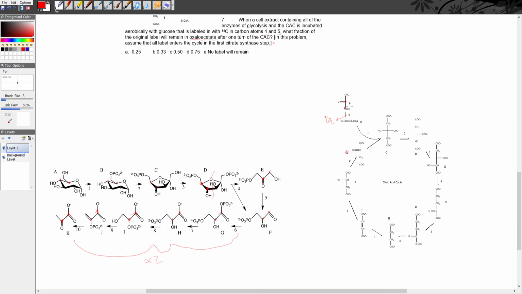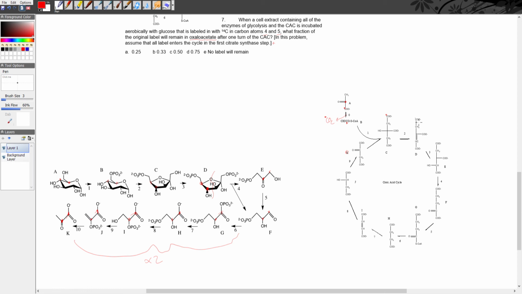But we do know that the carbon with the oxygen on it, which is going to be the one right here, is still tagged. Now, where does this one go? So if we look over here on citrate, where I'm going to see it end up is right here, because I see that the carbon with the CH3 will become the one with the CH2.